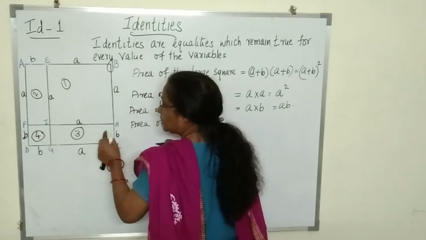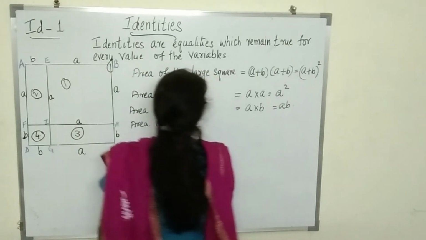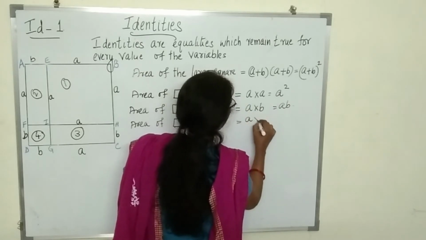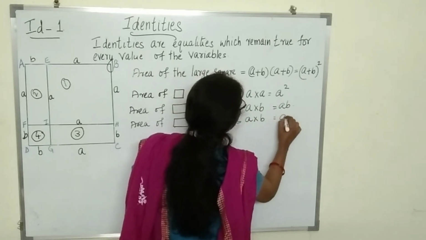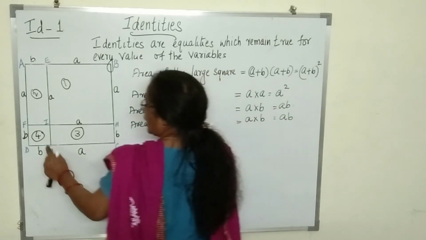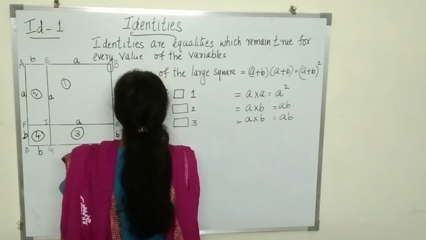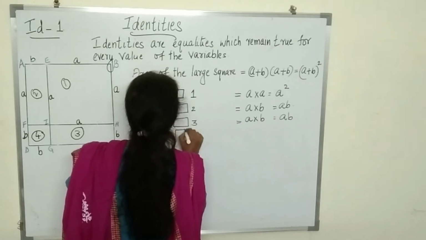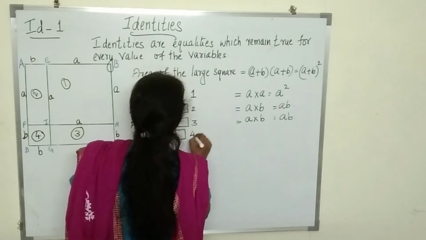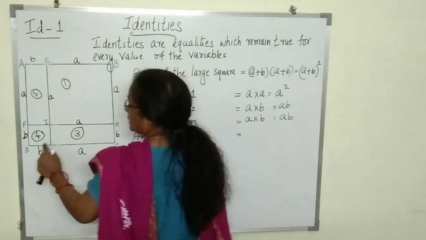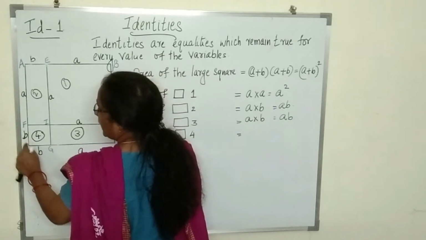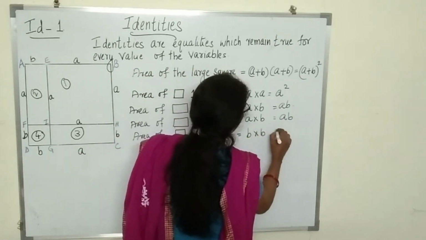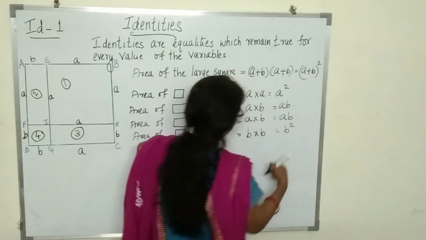Here you see the length is A and breadth is B. That is also equal to A into B, that is AB. Now the area of square 4. What is the side? The side is B, length is B, breadth is also B. That is B into B, B square.